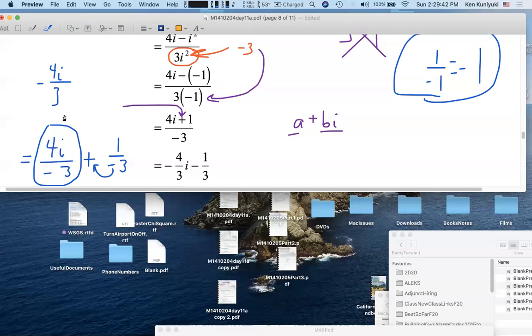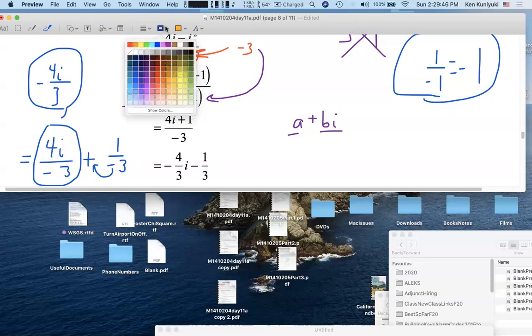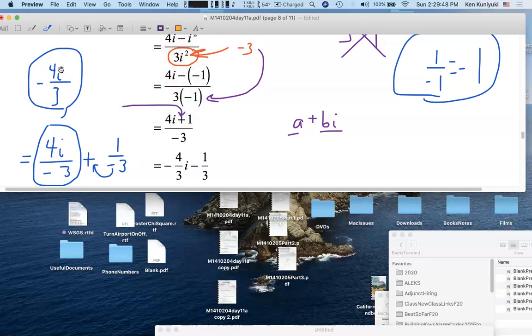And I realize this sounds kind of gross, but we also have the right to pop out the i. i is a factor of the top. We can pop out the i. So we end up with -4/3 times i. Bear in mind, if i is in the bottom, we cannot pop out the i straight up like that.